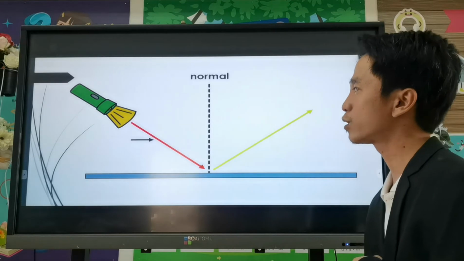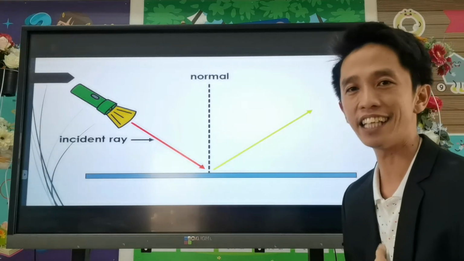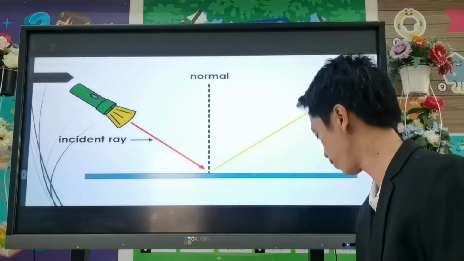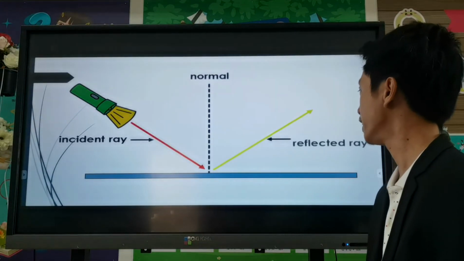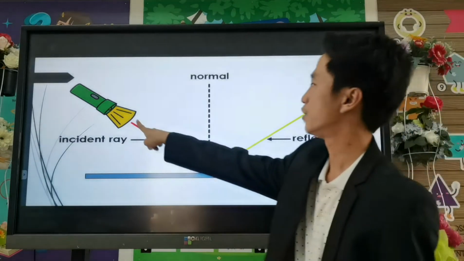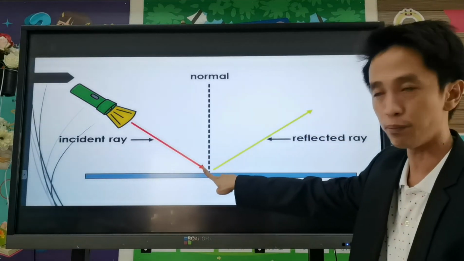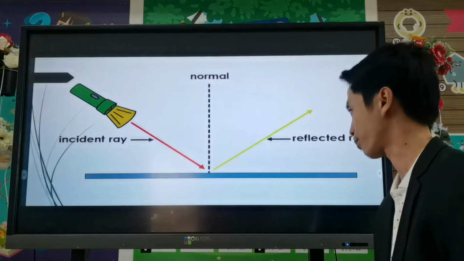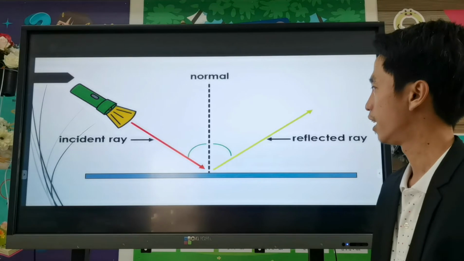Okay, this is called incident ray. Again, this is incident ray. Next, this one is reflected ray. Again, the red is incident ray. When it bounces, that is the reflected ray. Okay, next. How about the green one?